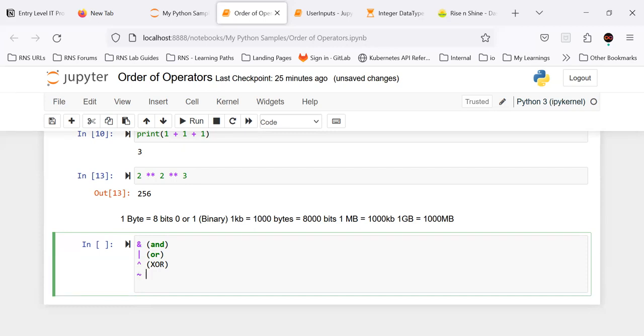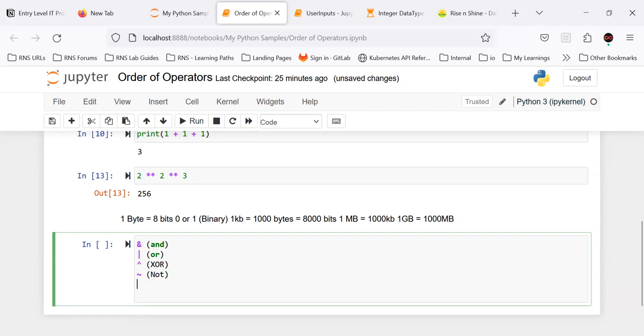But what about this not? I will come back to that. This one we call the not operator. And next we have left shift and right shift operators.